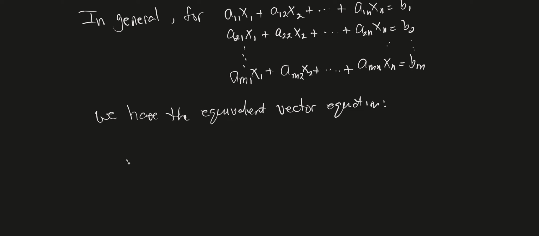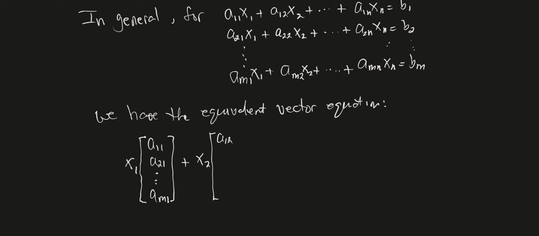So we would factor out that x1 and just take the first column of A's and make a vector out of it. So a11, a21, dot dot dot, am1. And then do the same thing for the second column. They all have an x2 in common. So factor out that x2 and keep the entries that are in the second column.